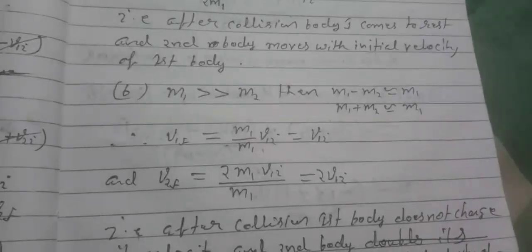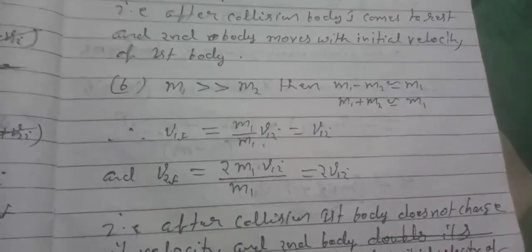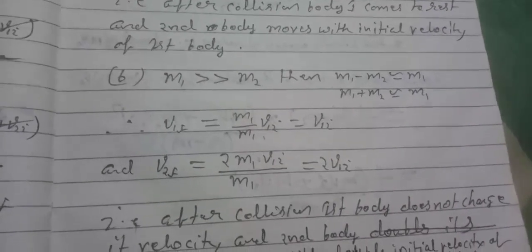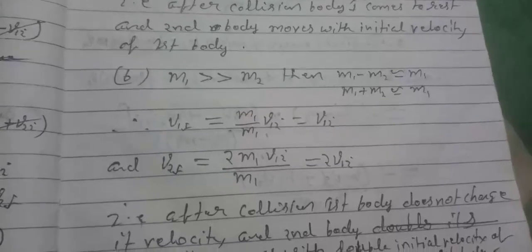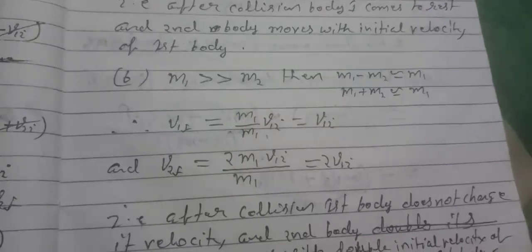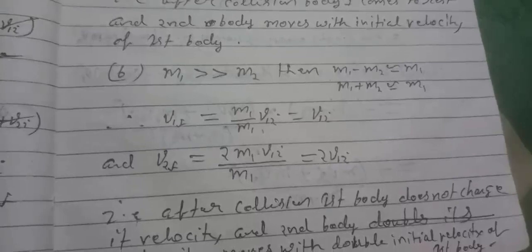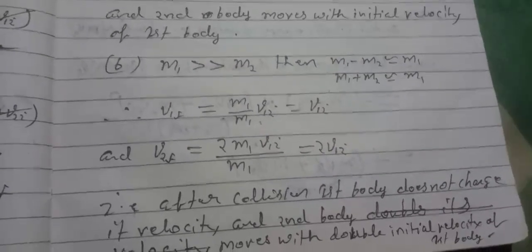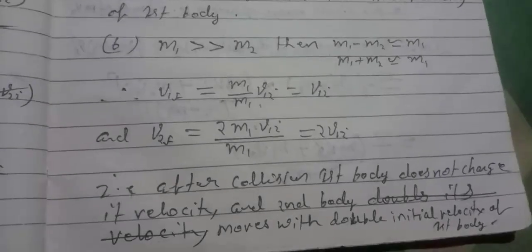Sub case B. If m1 is very much greater than m2, then m1 - m2 is approximately m1 and m1 + m2 is approximately m1. Hence v1f = m1/m1 × v1i = v1i, and v2f = 2 m1 v1i/m1 = 2 v1i.